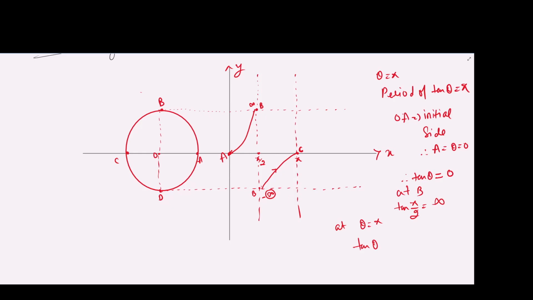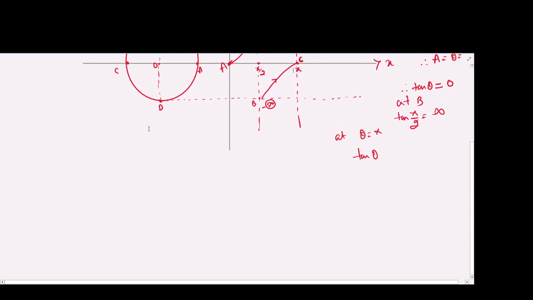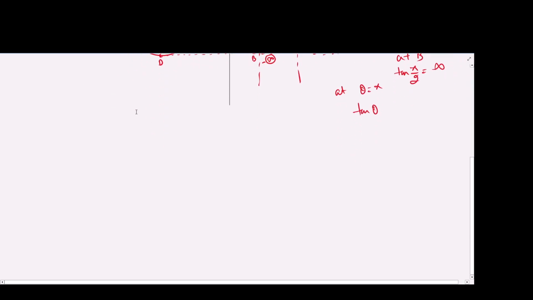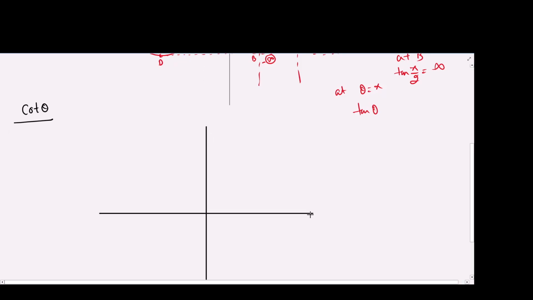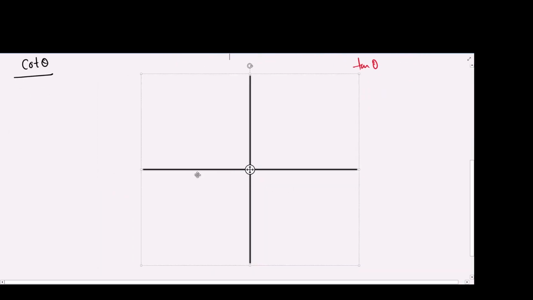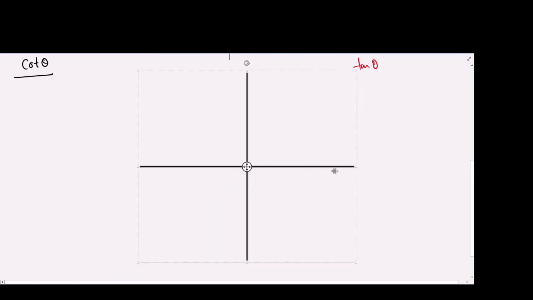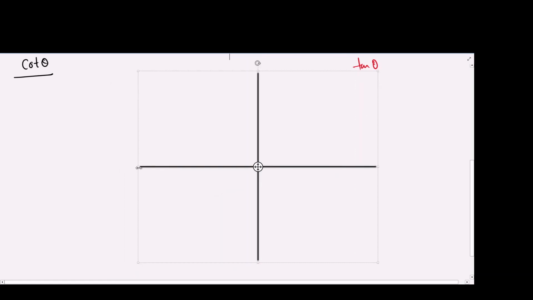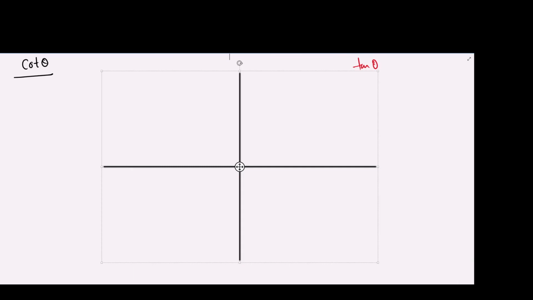Next we have the graph of cot theta. So again we plot a Cartesian system. Draw a circle. Draw a vertical line.